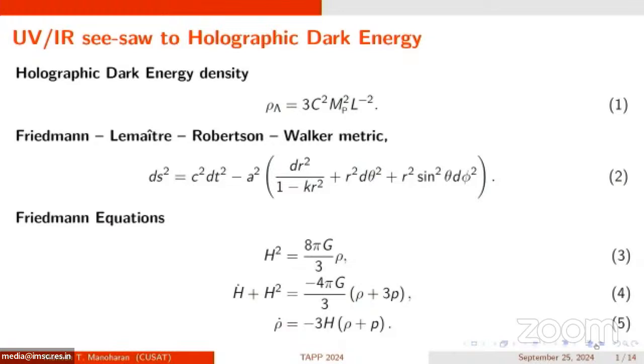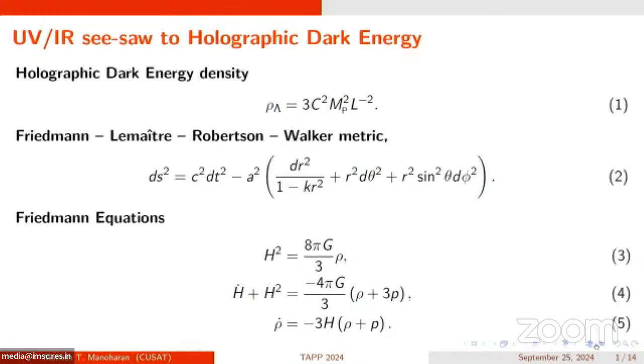This comes from the CKN bound, popularly known as the Cohen-Kaplan-Nelson bound. Although the exact origin of holographic dark energy can be a little speculative, and we can argue against it, it kind of works. So let us see why it works and how it works, and what perks we get from it.